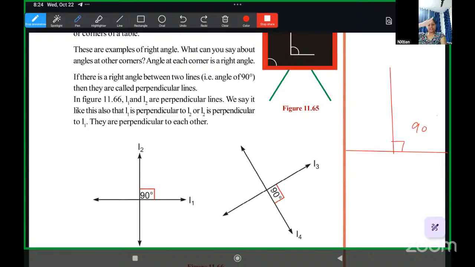Straight line, not slant. Here also it will make a 90-degree angle.